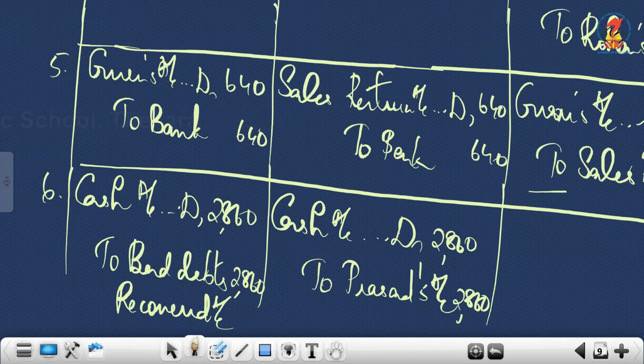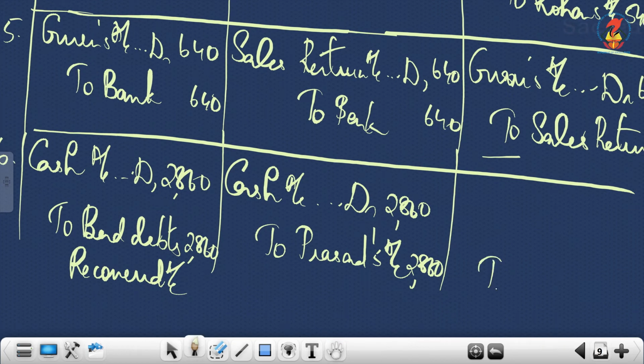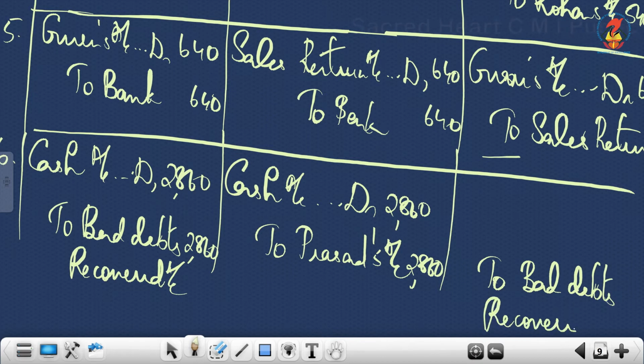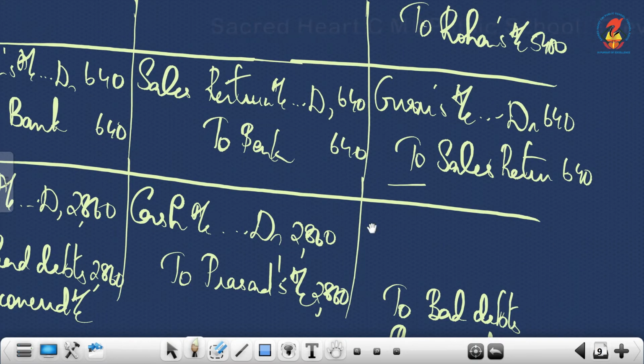Now we will do the rectification part. Cash account to be debited, that we have done correctly. Bad debts recovered to be credited, but we haven't credited bad debts recovered. So we will do it now. Credit bad debts recovered, write it as to bad debts recovered account, 2,860.